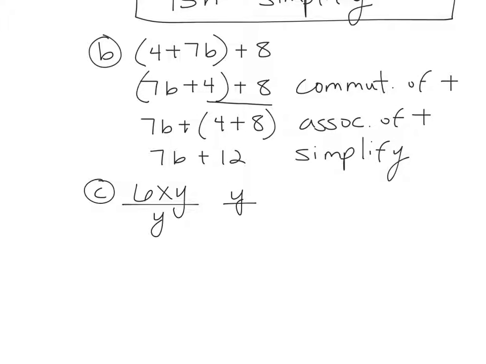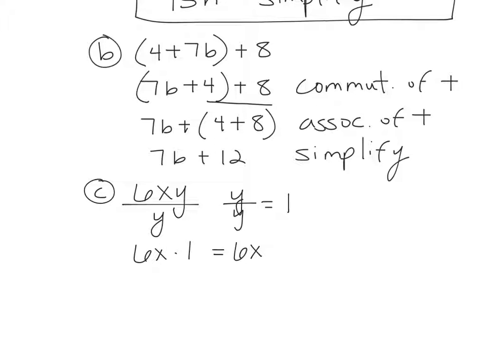So if y divided by y is 1, basically what we're doing here is 6x times 1, which equals what? 6x, right? Which property is that? When you multiply by 1 and you get the same thing back. What didn't change?